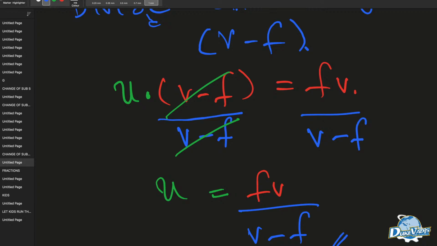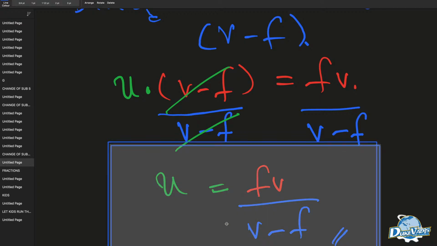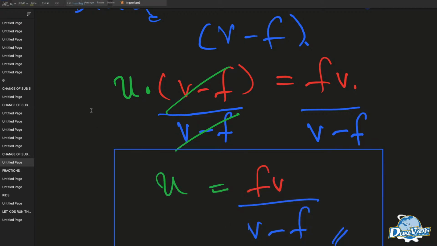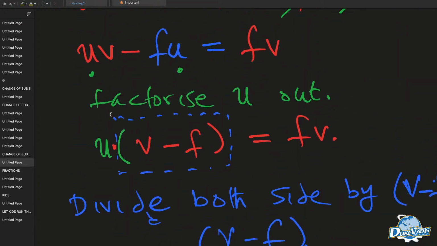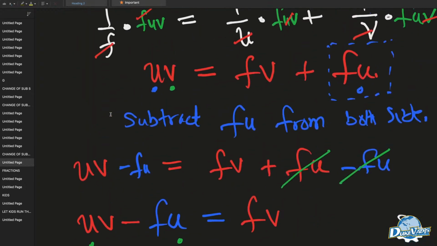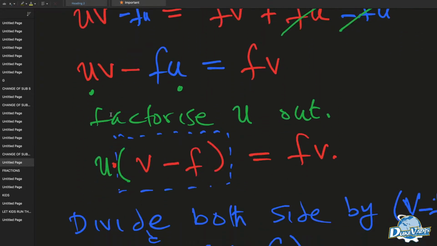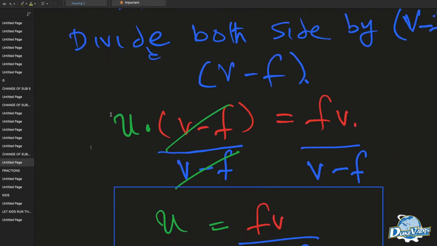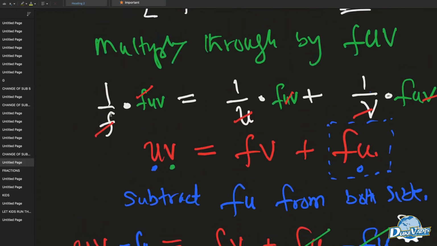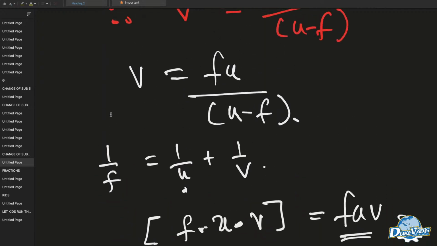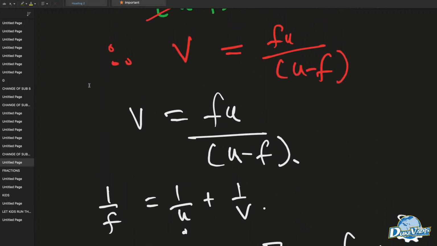Let's look at something over here. Good. So you see our formula. We're able to make U the subject of the formula. And over here too, when we work it out, we're able to make V the subject of the formula.